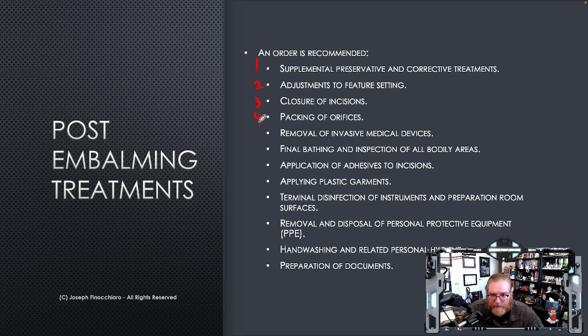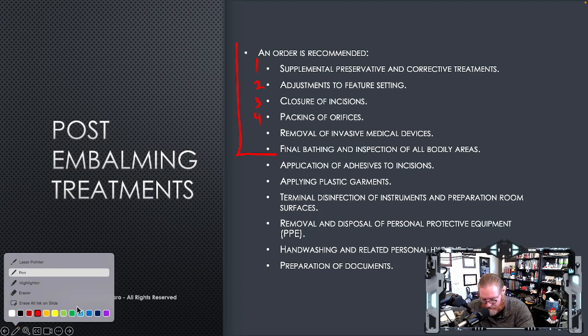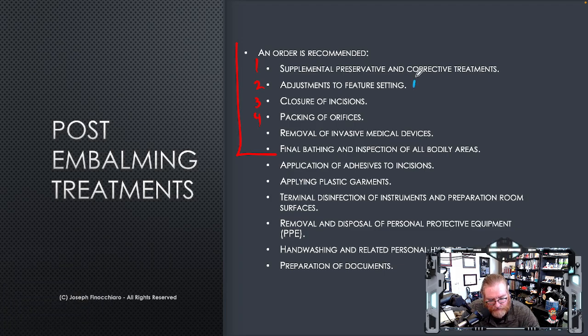In professional practice, it is perfectly acceptable to do things out of sequence. And realistically, everything in this bracket towards the top are things that could be sequenced however the embalmer likes. Me personally, when I am done an embalming, one of the first things I will check for is features.